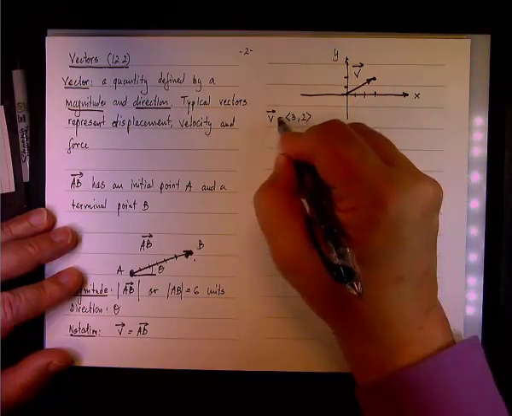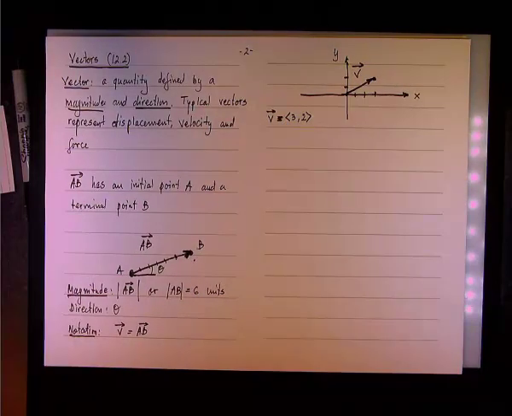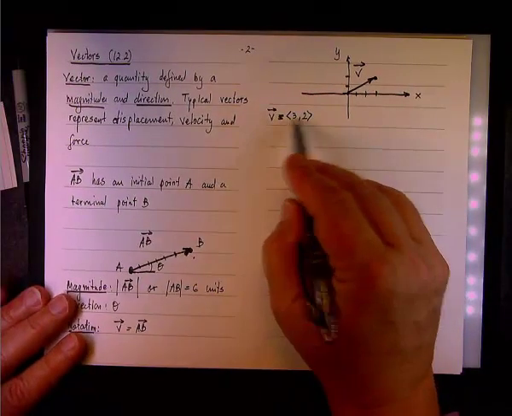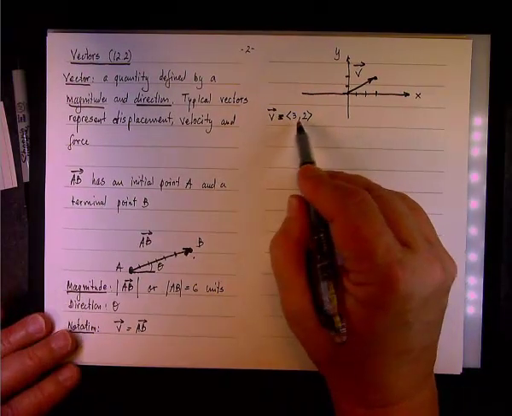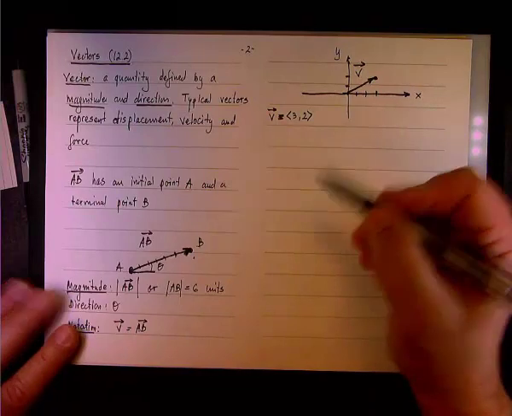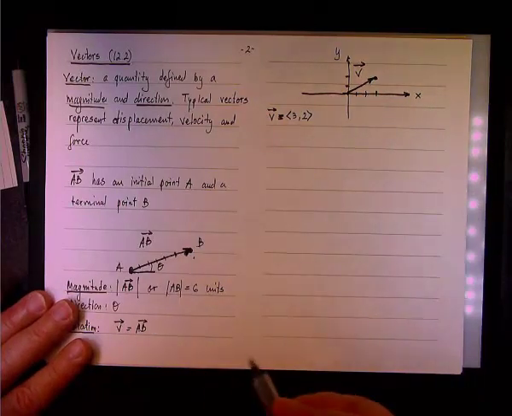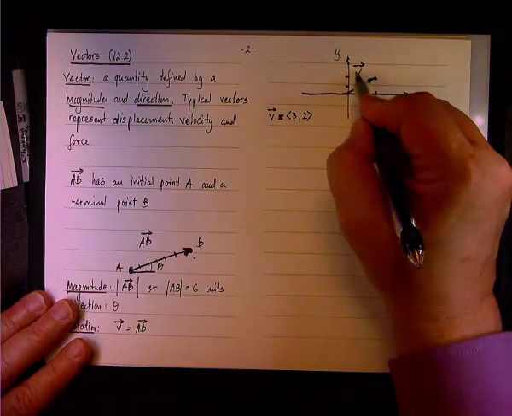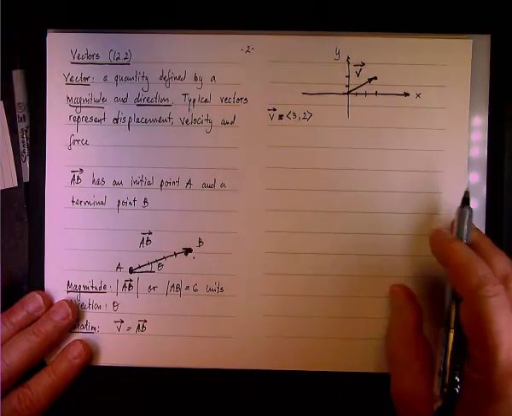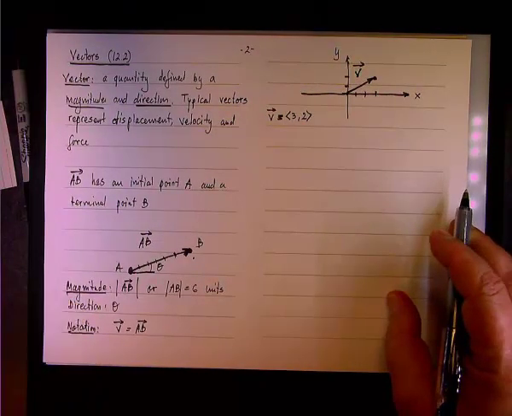If this is vector v, we're going to say that v has a horizontal component of 3 units and a vertical component of 2, and I'm using this notation, the triangular brackets. So in 2D, I have 2 components. In 3D, I'll have 3 components.